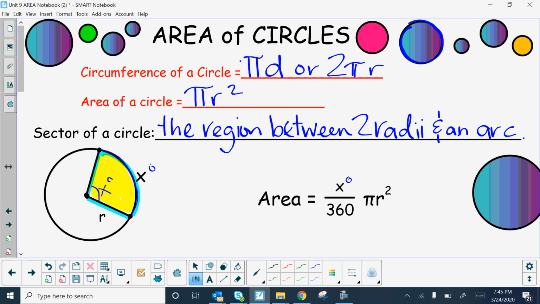Whatever that angle is, which is a central angle, if you think back to earlier this school year when we did a review of circles, that has a certain degree, and it's the same as the arc. Whatever that angle or arc measure is, they're both the same. You're going to put that over 360 degrees, and then times pi r squared, which is the area of a circle. We'll practice using this here in a second.